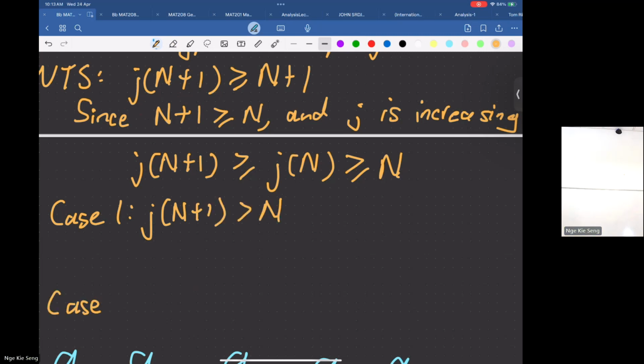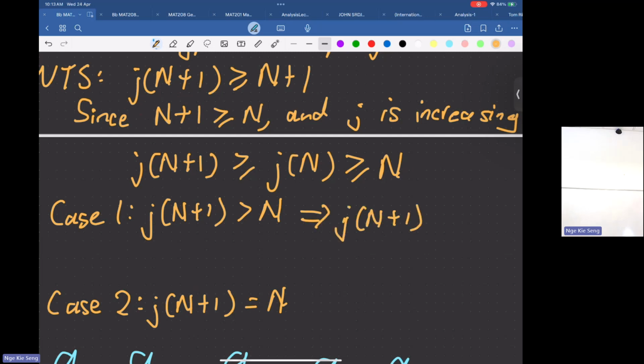Case 2, Jn+1 equals n. If it is strictly greater than n, this is good, because strictly greater than n just means that it is greater or equal to n+1. Agree or not? Strictly greater than 2, it must be 3, 4, 5, because our natural number range starts with 1. But how about equals n?